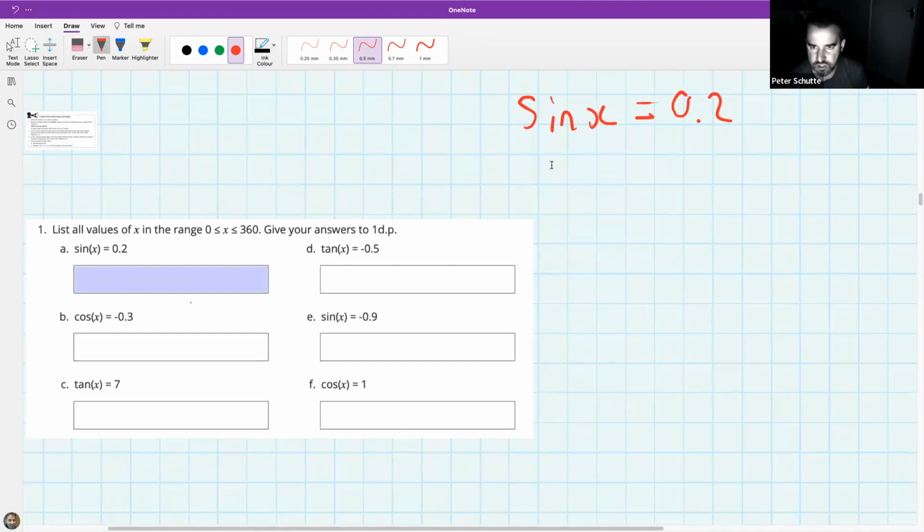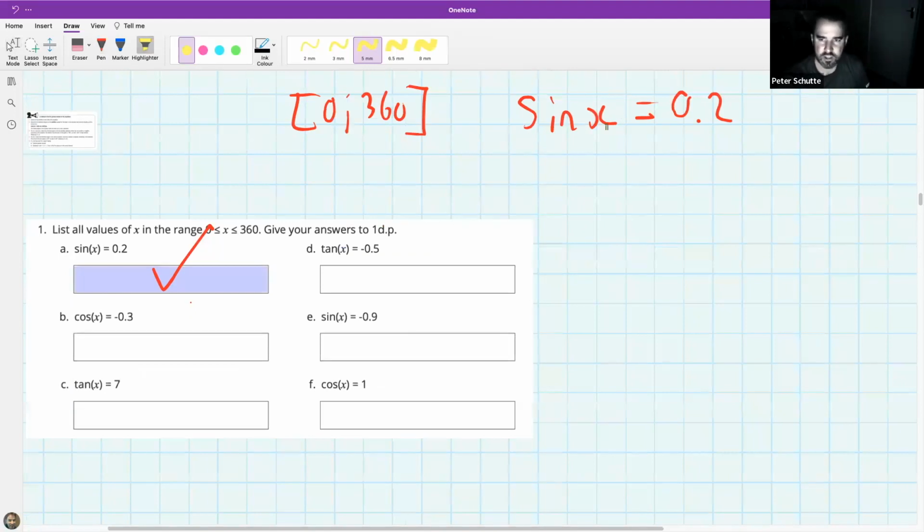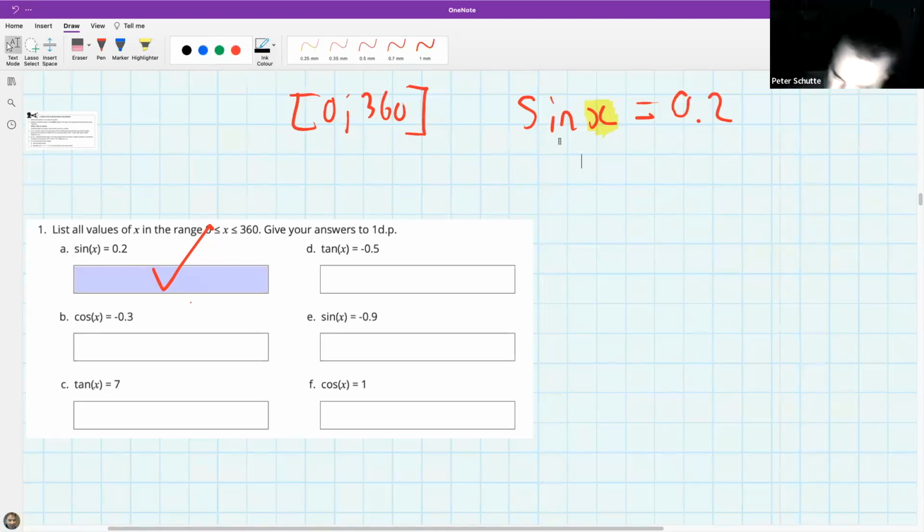Solve this trig equation in the domain 0 to 360. That's what this first question over here says. Well, then we're looking for a value of x such that when I take the sine of that x, I get 0.2.